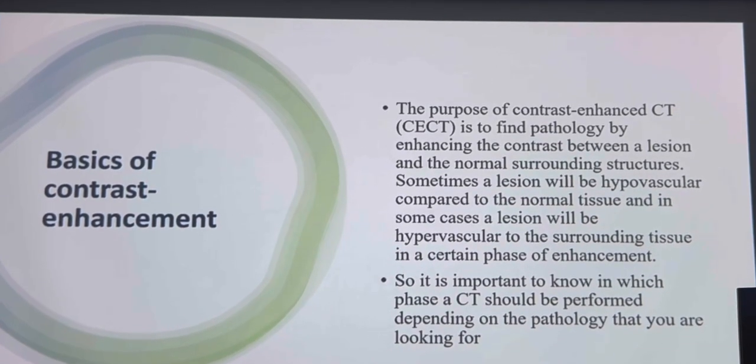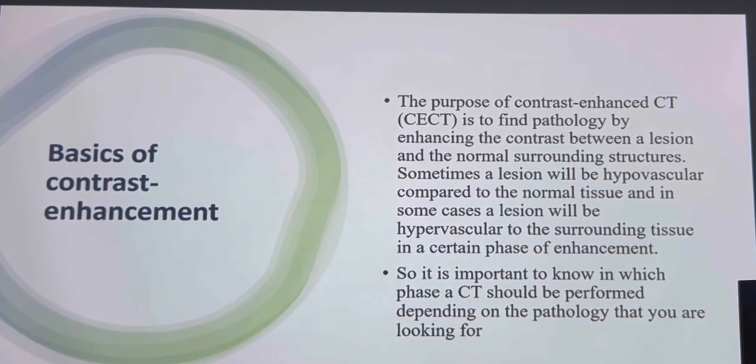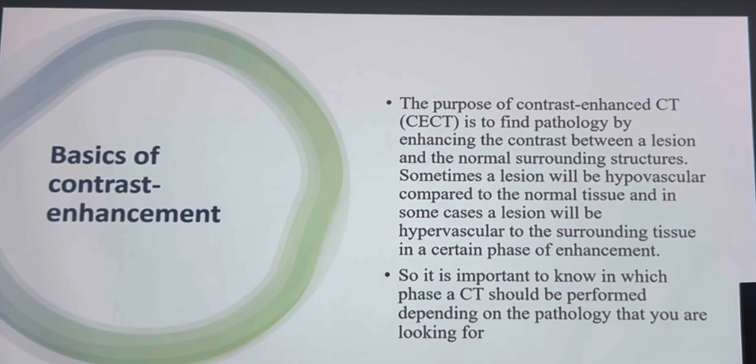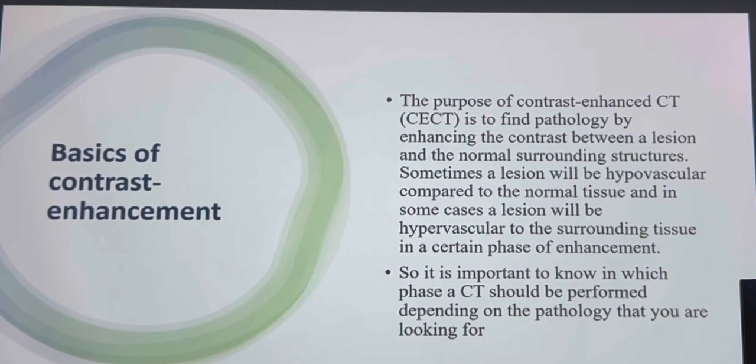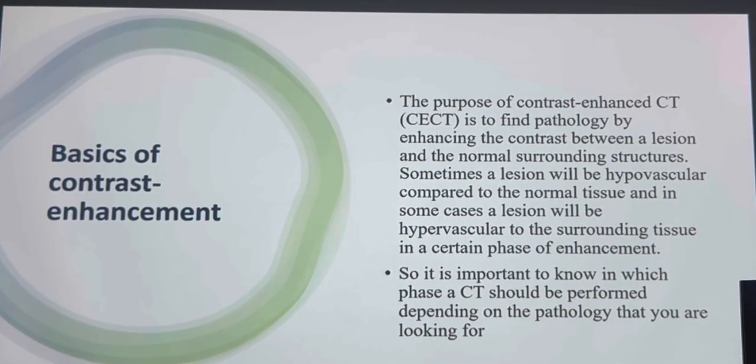Why? To see it. If there was homogeneity or identical contrast between the lesion and the organ, we could not see the lesion. The job of these protocols and injection information is to differentiate between the two. Sometimes the lesion will be hypovascular compared to the normal tissue, or hypervascular to the surrounding tissue in certain phases.